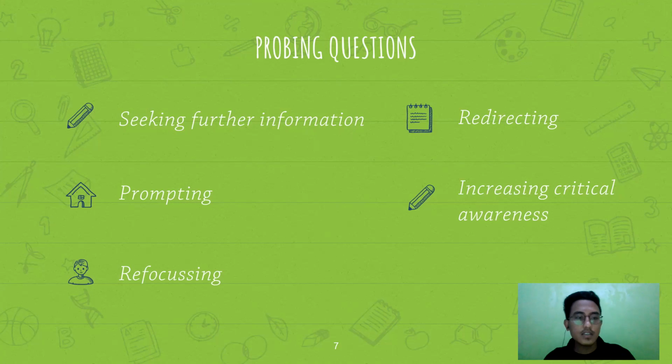And the third is refocusing. When a pupil gives a correct response, the teacher relates that answer with a topic already taught. This refocuses the student's answer or the class's attention to the related topic unit.